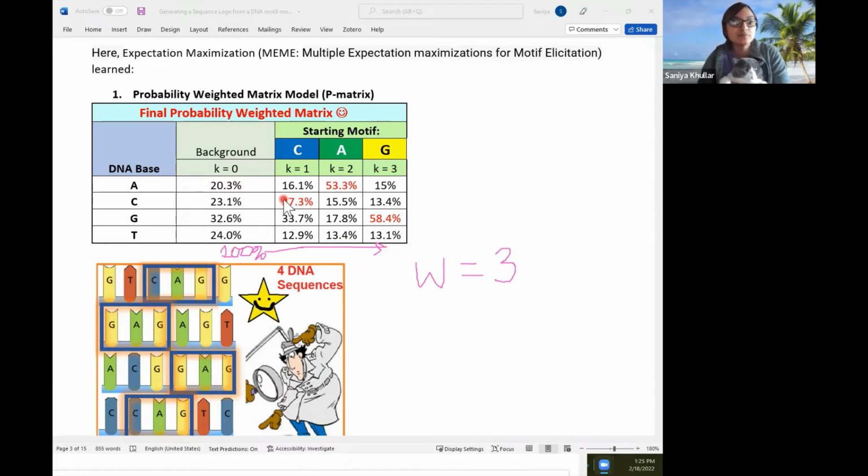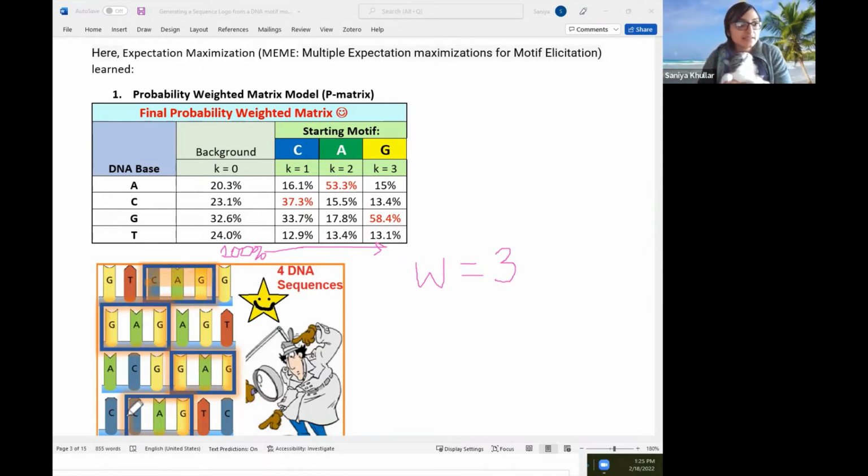So what our approach would do is it would scan through this expectation maximization, will scan through these sequences. And its first priority is to look for CAG. If it finds that part, the CAG, it's going to say, yep, this is where the motif is. That's the game plan.